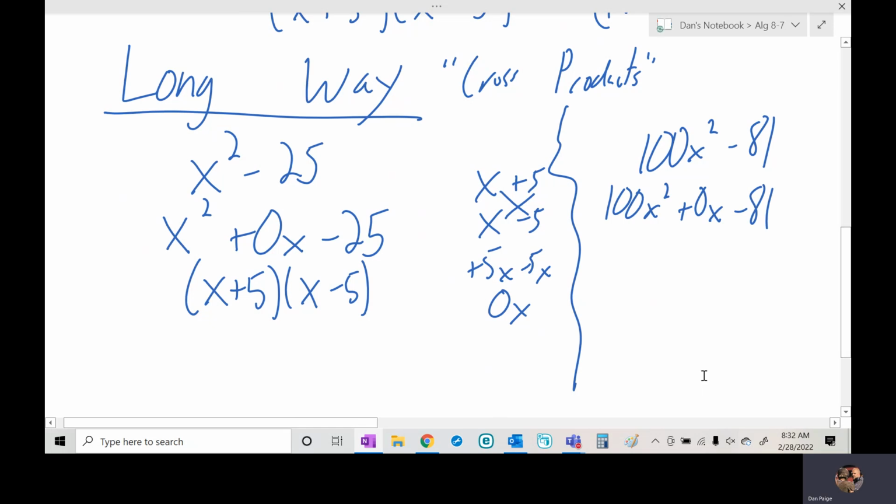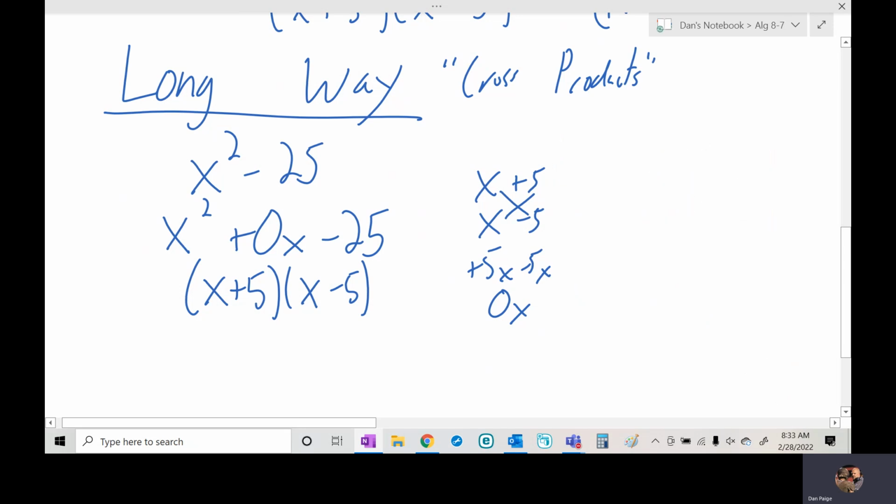I think you get the idea, right? Factors of 100 would be 10x and 10x. Factors of 81 would be plus 9 and minus 9. The middle terms would be plus 90x, minus 90x, 0x. See, the middle term is 0. So in theory, I could have gone through and not taught you about the difference of squares. But I want you to be able to look at it so you can factor things very fast. We good with that? That should be pretty easy to do.